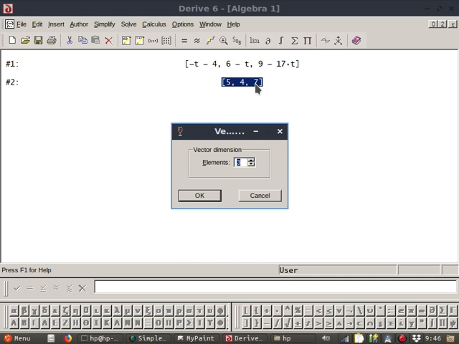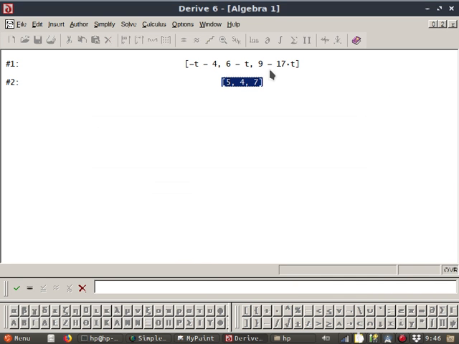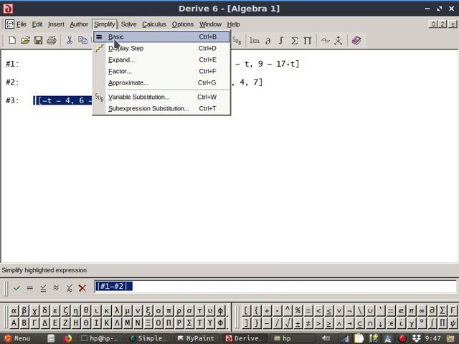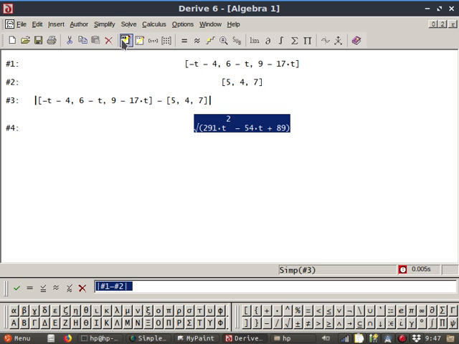Or 7? It's correct. Are you sure? Yeah, I'm sure. 2 minus 1, it doesn't matter. Same answer. Because it's a magnitude, so it's the same answer.